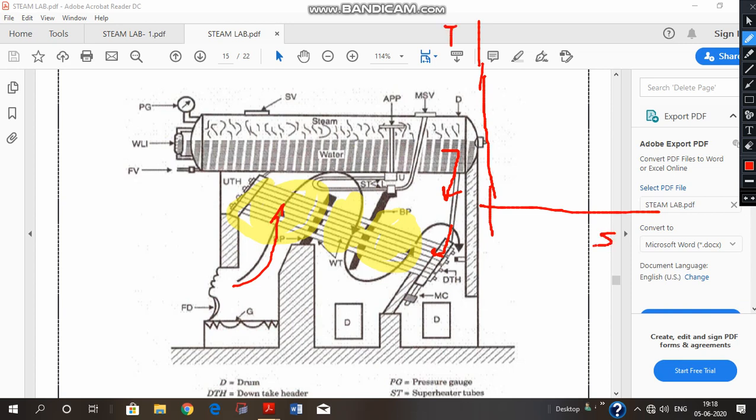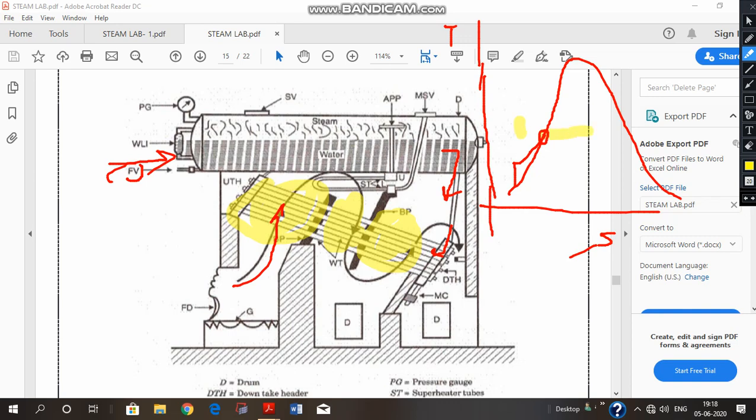This is the TS graph. We are assuming that the feed water was provided through the feed valve at the saturated condition. This is the saturated condition, point 1.